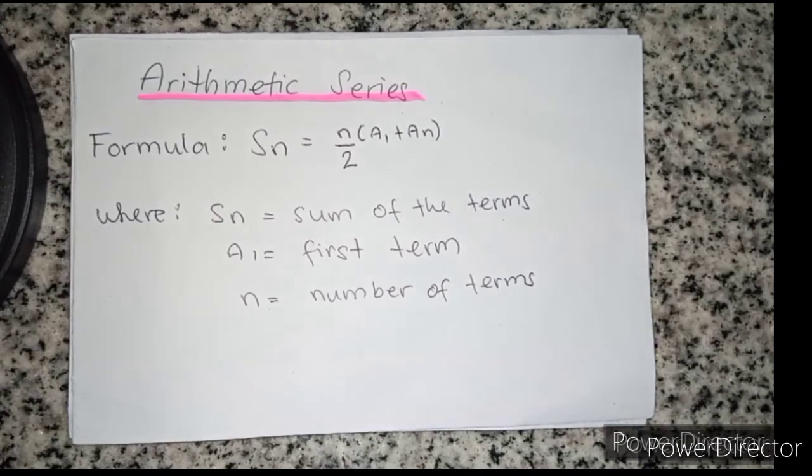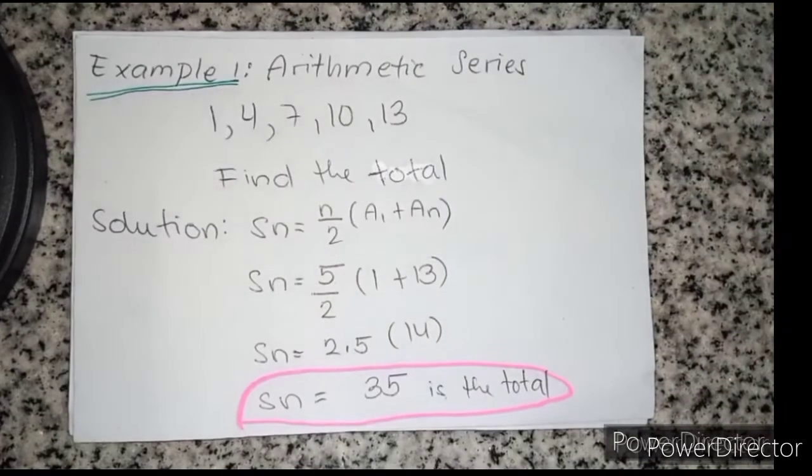So we're going to use this formula to total the sequence. Okay. So now let's have the example. So we have example number 1. We have here 1, 4, 7, 10, and 13.